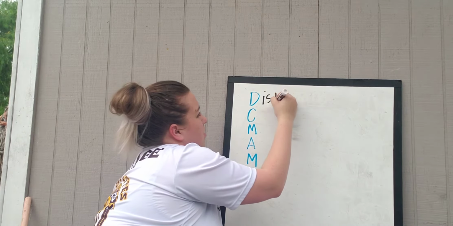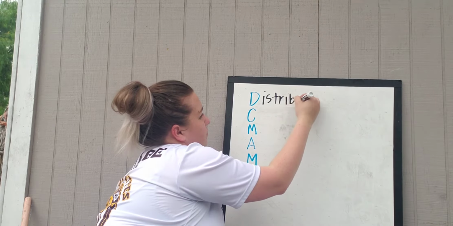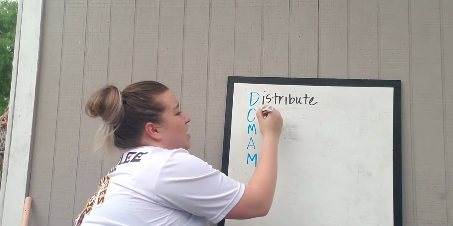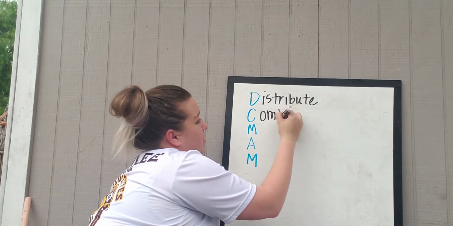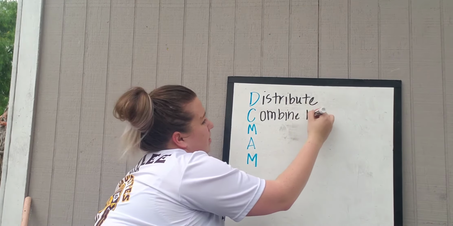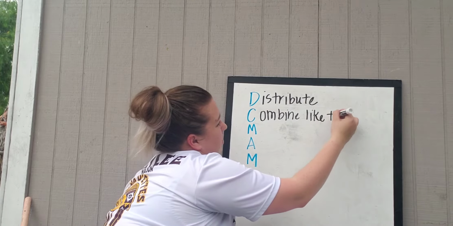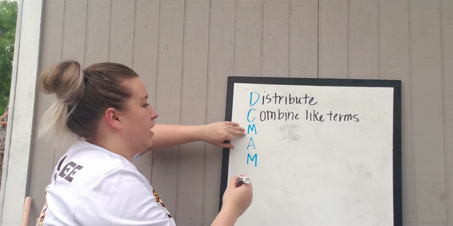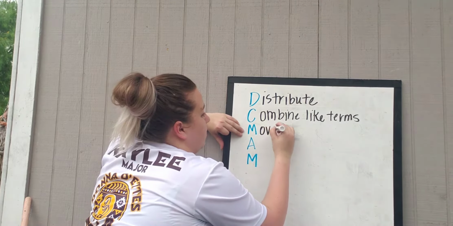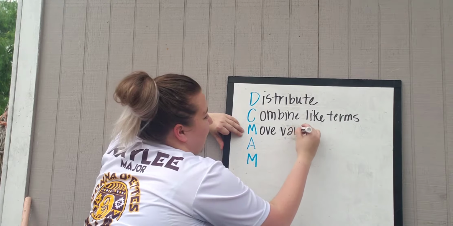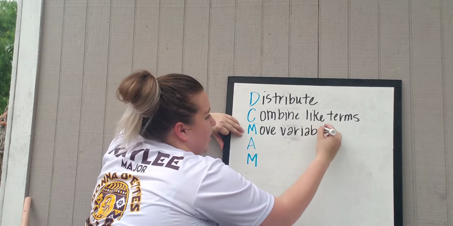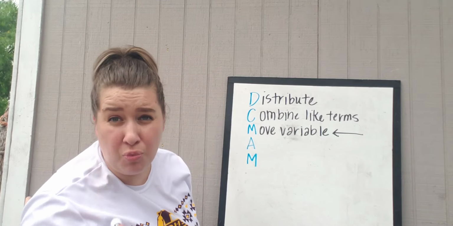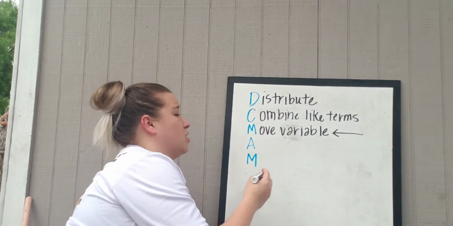Distribute. Say it aloud with me when you're watching this. Combine like terms. Next one, move variable. The nice thing is, you're not going to have to do this step until next week, because I'm not giving you variables on both sides yet.